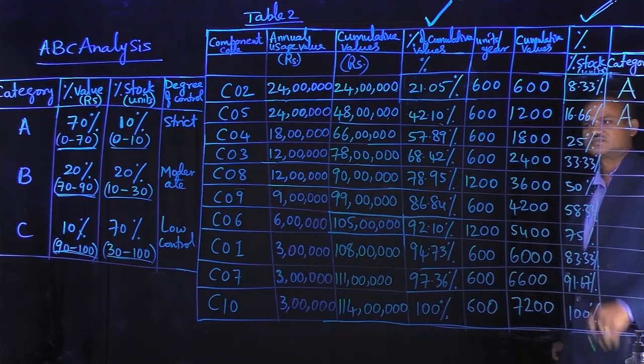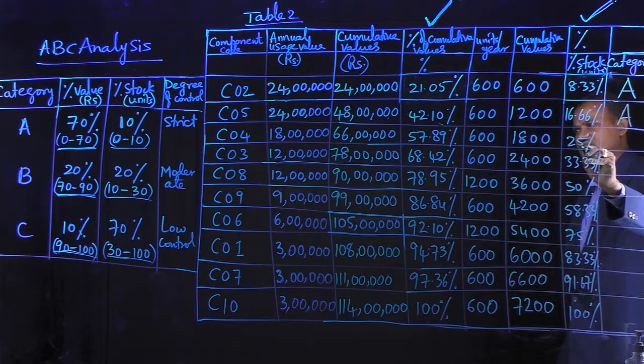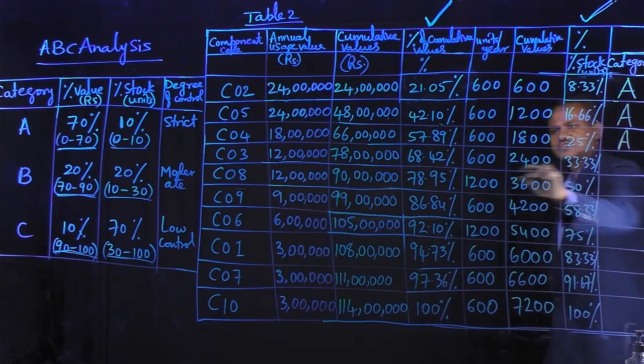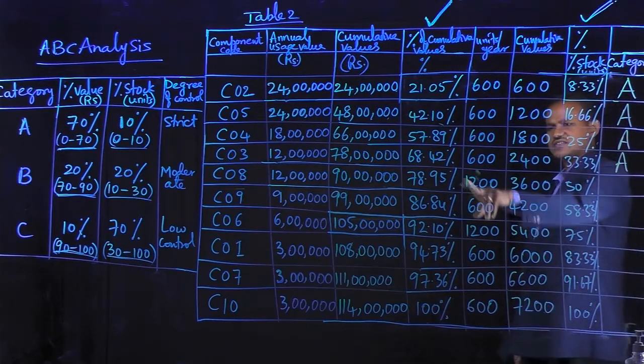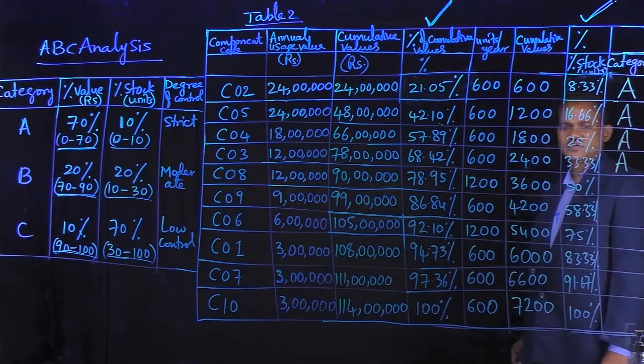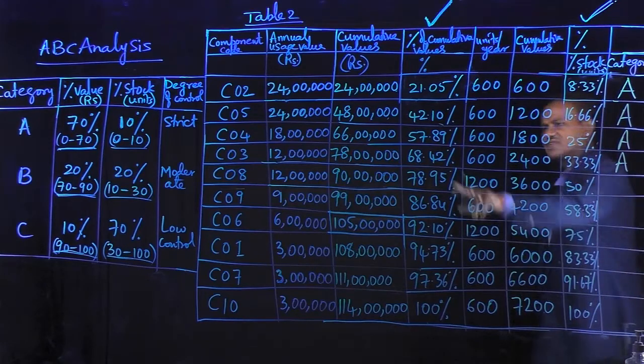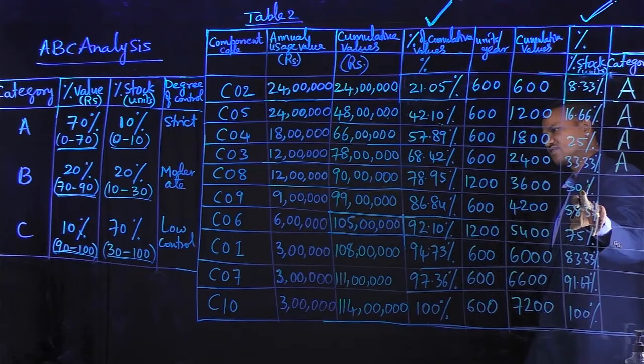C04 means the range is the same, A. C03, 33.68, A class. Next C08, 78.95, and this is 50%.